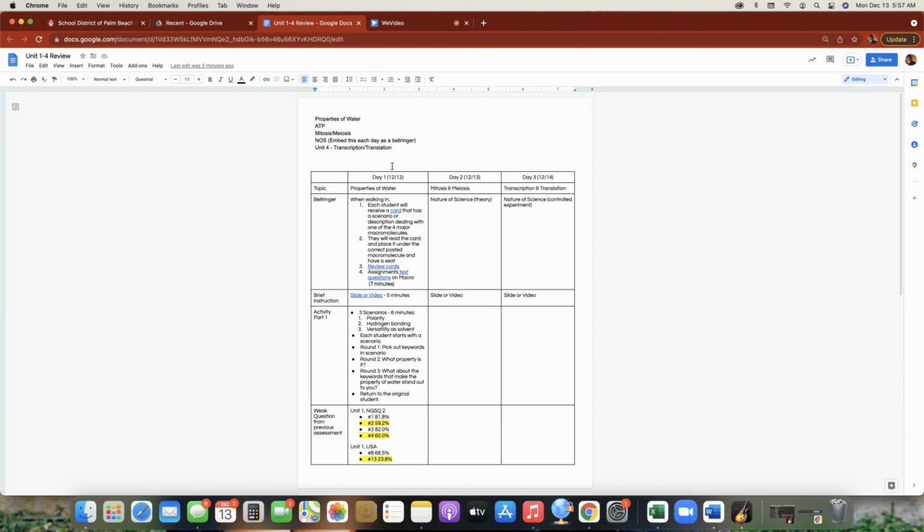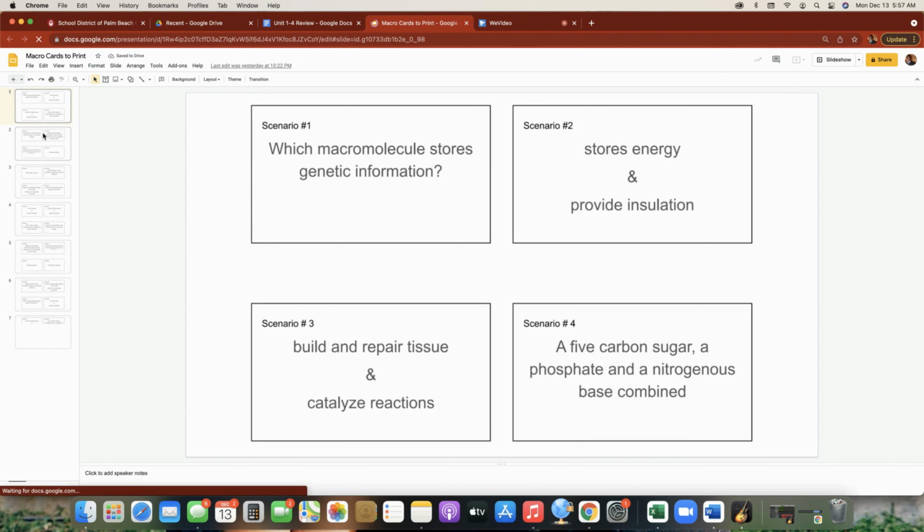So when the kids walk into class here, they'll be given a card, and if you click this link, then you'll see a link to the cards. I already put all the slides together so that all we have to do is hand each individual card to the kids.